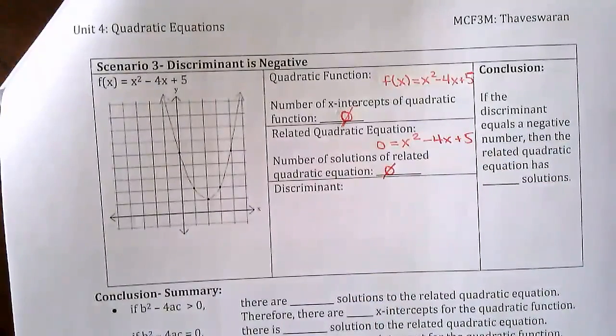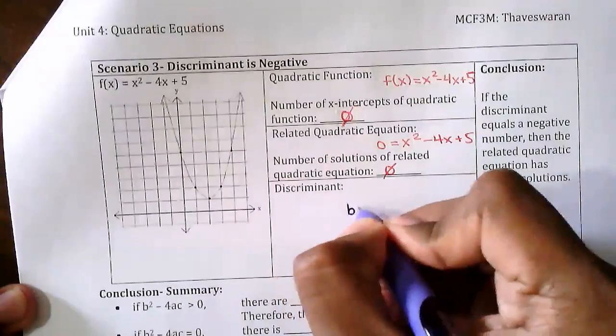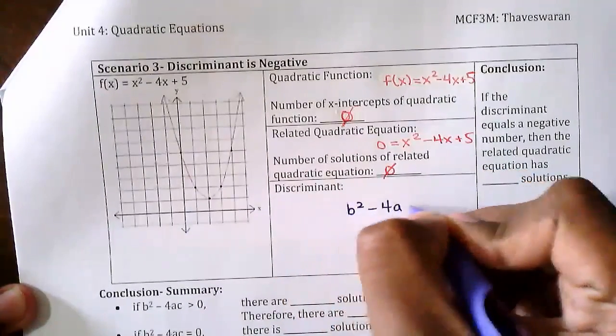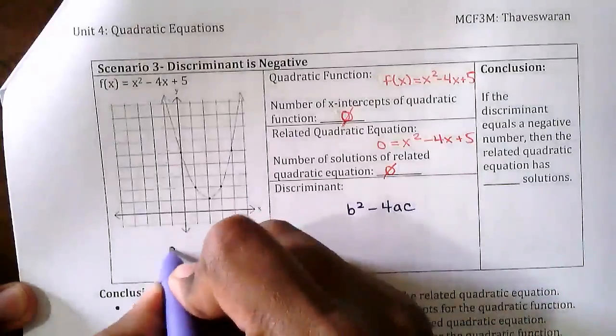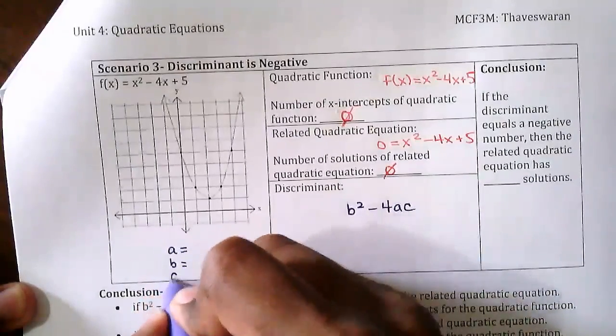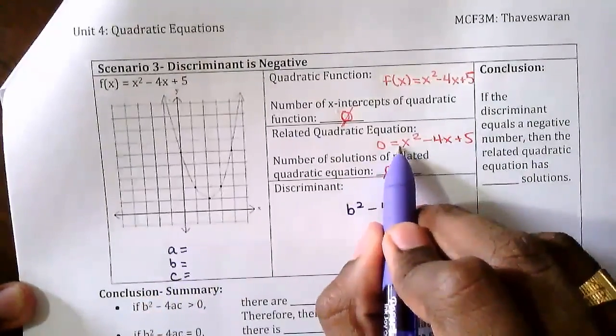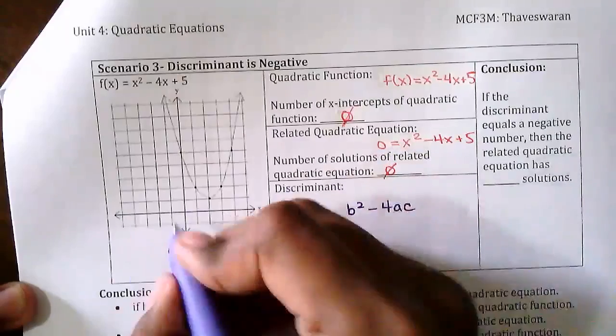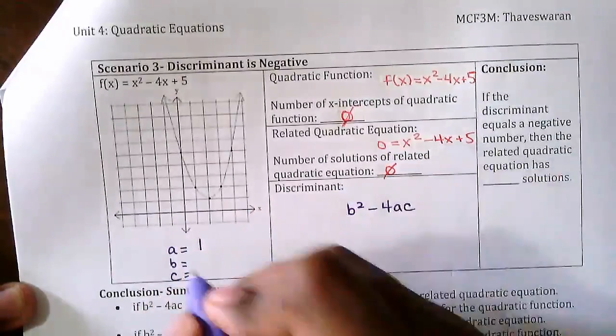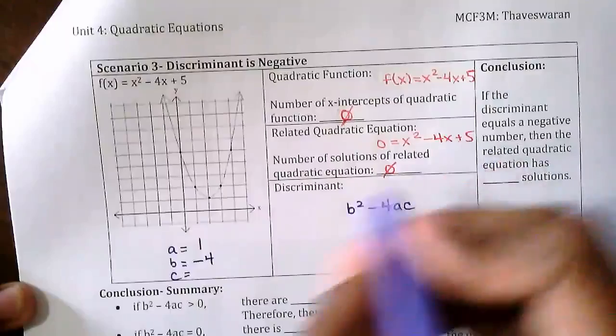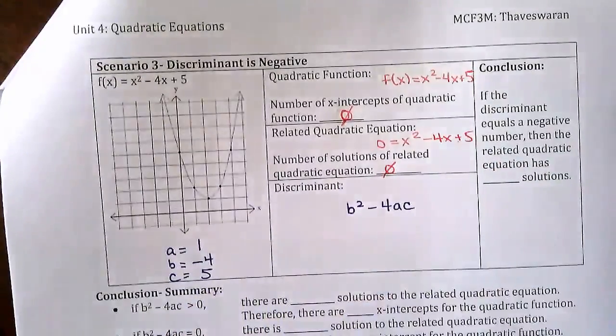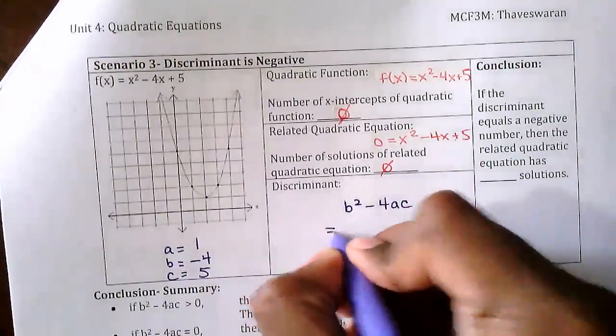Let's calculate the discriminant now. So we have b squared minus 4ac. Again, let's take a look at the equation to determine the a, the b, and the c. So here, the a is just 1, the b is negative 4, and the c is positive 5. So I take these values and plug them in.